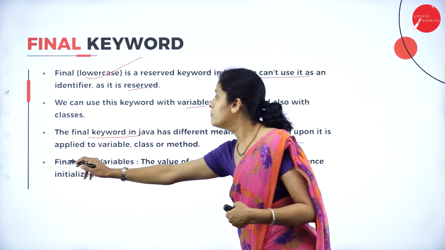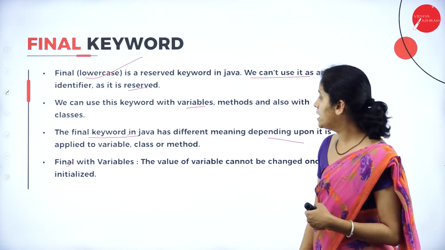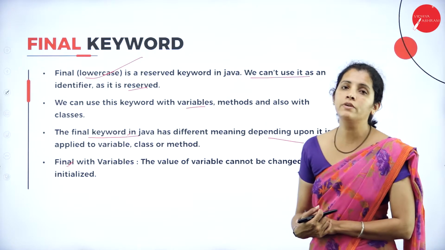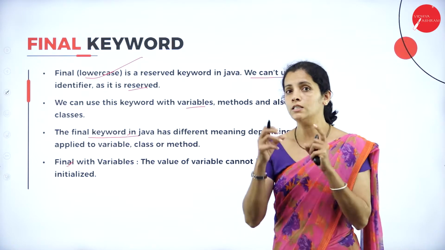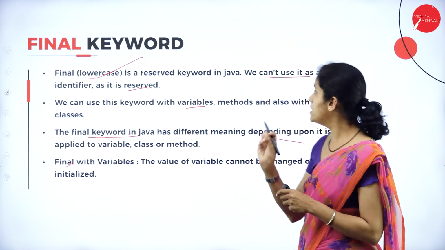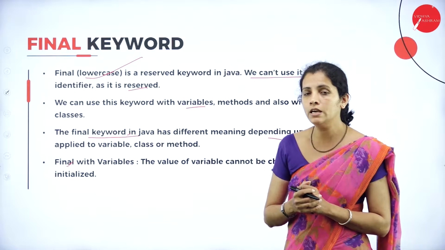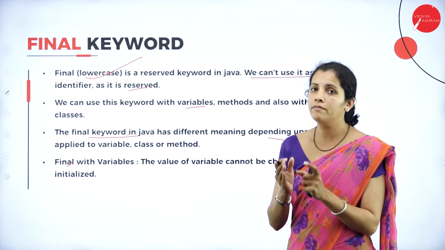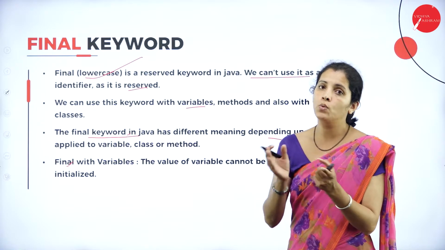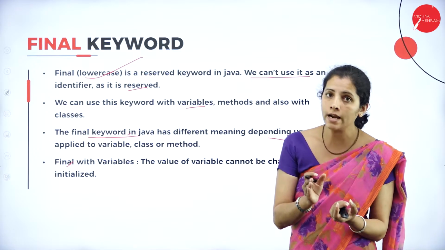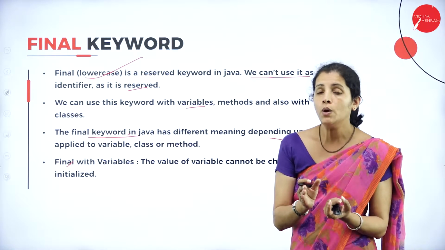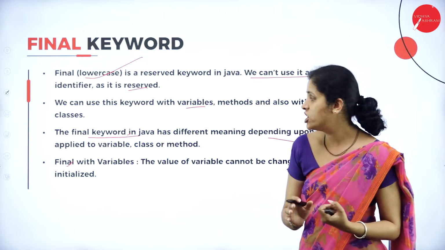So, final with variables. Suppose I use the final keyword with a variable, what is the meaning here? Whatever value we store or assign to that variable remains unchanged.